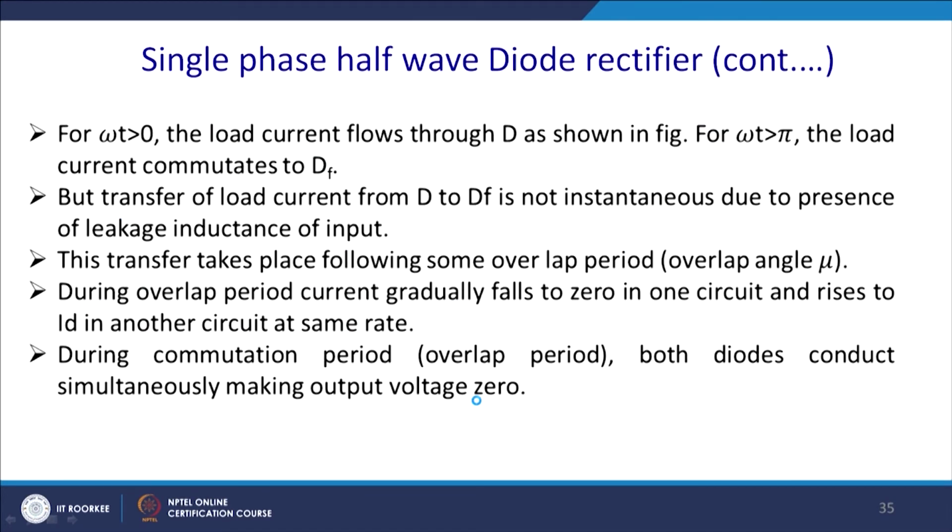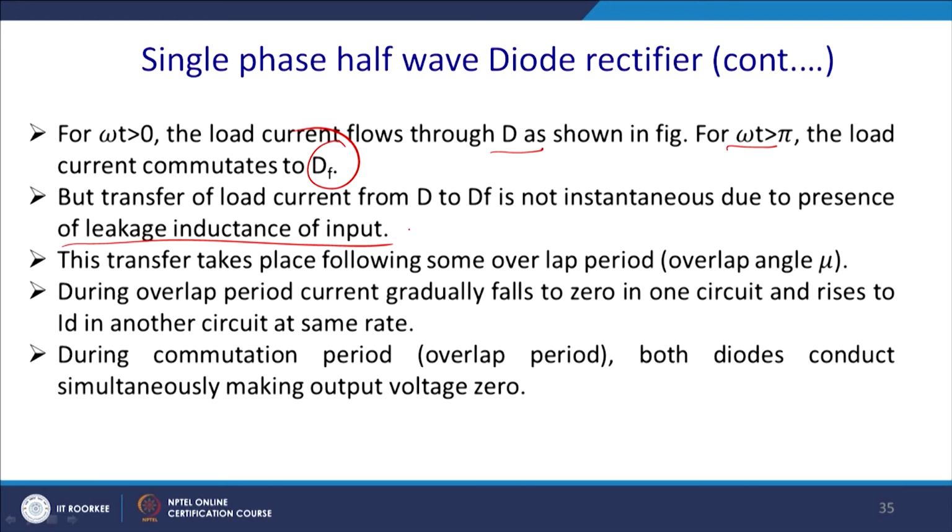For the single phase half wave diode rectifier, for omega t greater than 0, the load current flows through the main diode D1 as shown in the figure. For omega t greater than pi, the load current commutes to DF, but the transfer of the load current from D to DF is not instantaneous due to the presence of the input leakage inductance.